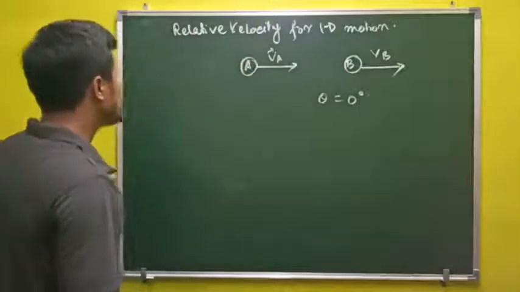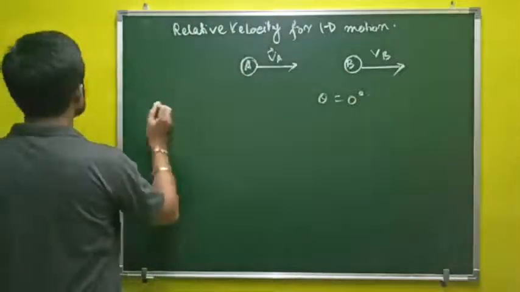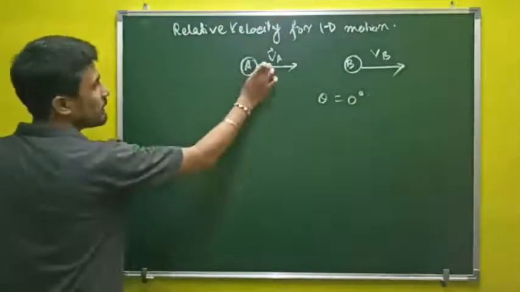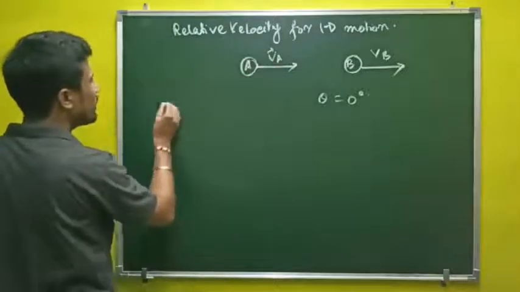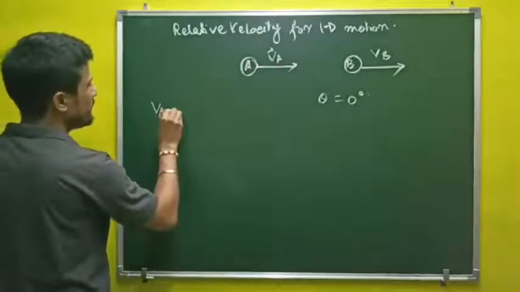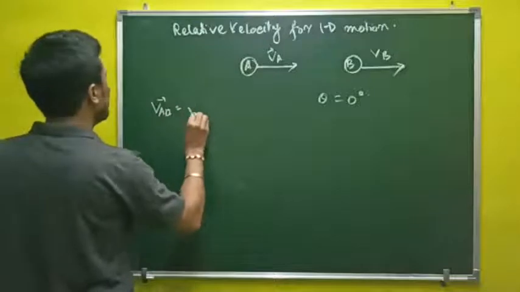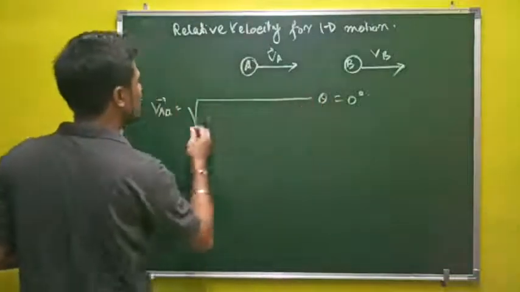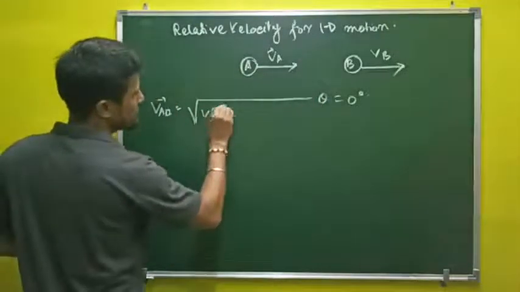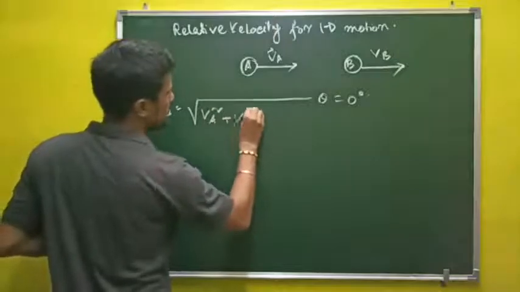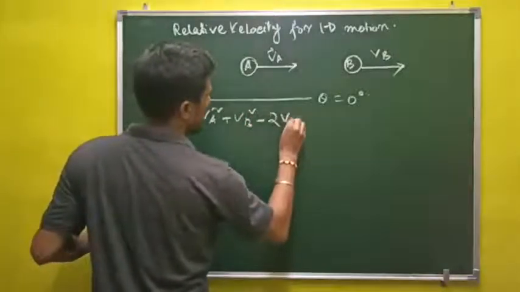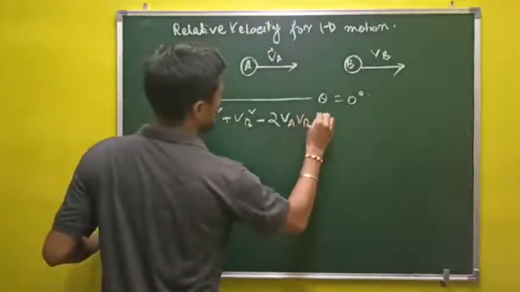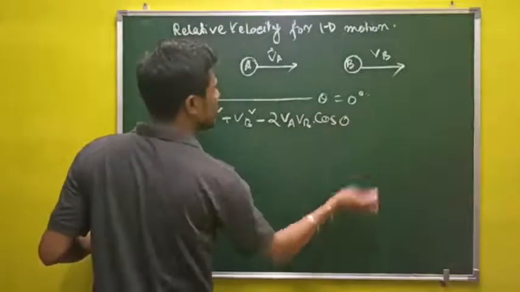So in this case you can write the relative velocity of object A, VAB, as the square root of VA square plus VB square minus 2 VA VB cos of 0 degree.